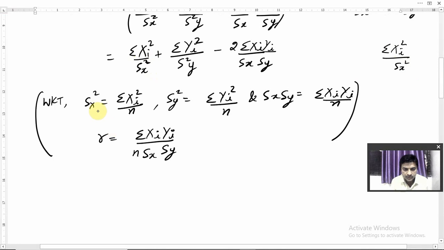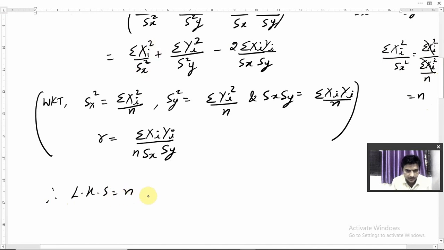We know what sx square is, so I'll simplify. Summation xi square is there, divided by summation xi square divided by n. I have simplified the formula. So xi square and xi square will get cancelled. N is the denominator of the denominator, which is n. So this part is n. Therefore LHS is equal to n.